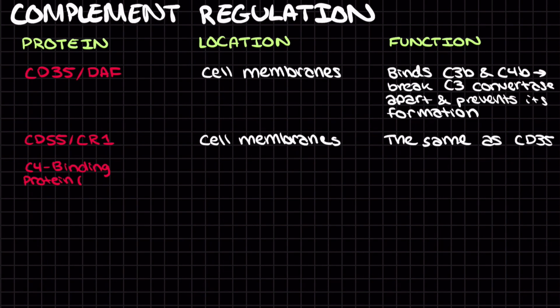Moving on, our next regulatory protein is known as C4 binding protein, which can be shortened to C4BP. Now, unlike the ones we've discussed already, C4BP is not found on the cell membrane. It's found circulating within the blood, so within circulation. And its function is going to be, again, similar to what we saw with CD35 and 55, but instead of it binding C3b as well, it's only going to bind C4b.